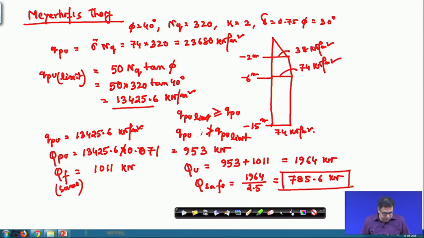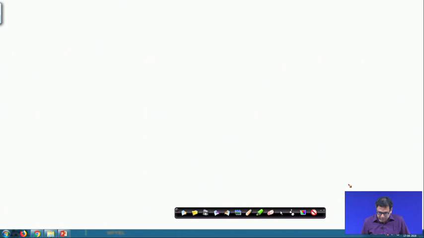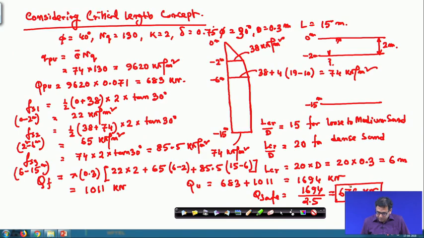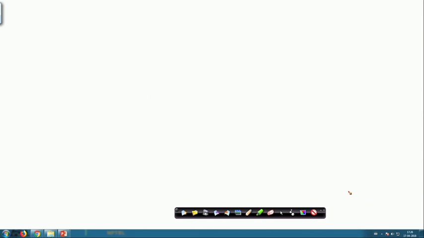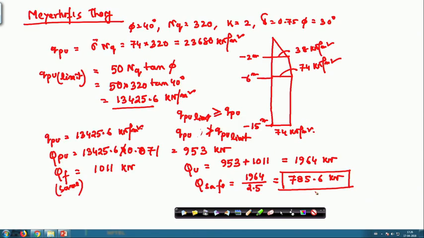So, in my previous problem, this value was 678 kilonewton without considering critical depth using the first method. And now this is with considering the critical depth, by using the Meyerhoff's method.